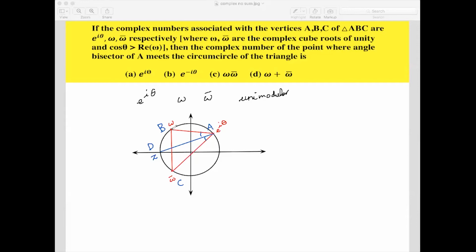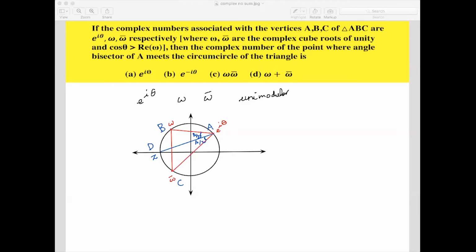Why? Because arc BD is equal to arc BC. That can only happen if this is angle A by 2 and this also is angle A by 2. So Z has to be on the circle and it also has to meet the x-axis to make this possible. Arc BD is equal to arc BC, so equal arcs obtain equal angles.